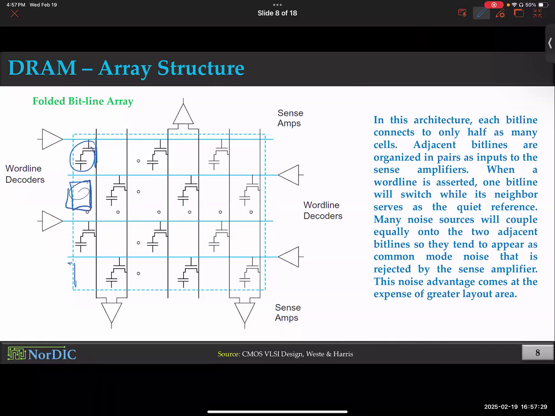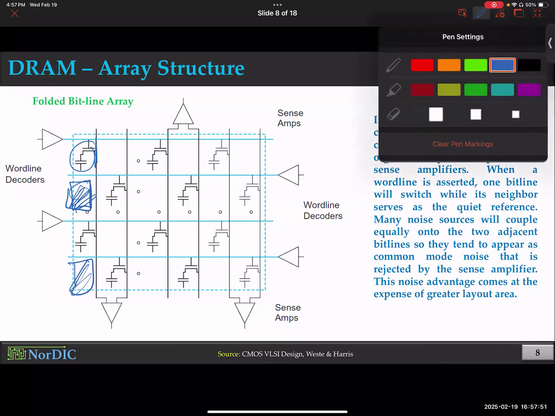That means you're wasting area. These are void, for example, right? Even if you see it visibly, in layout we don't actually do it this way. We practically fold them in. But even so, because of some additional contact that you need to connect them to different bitlines, there will be higher cell area in this type of folded bitline array, and that is the bigger disadvantage.